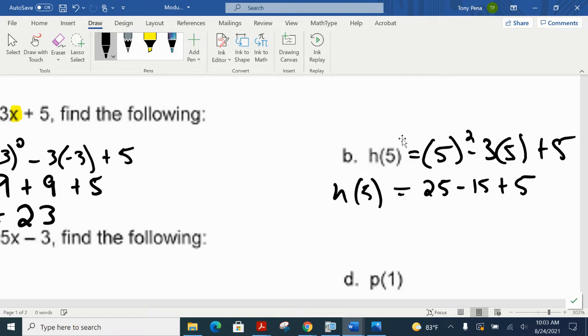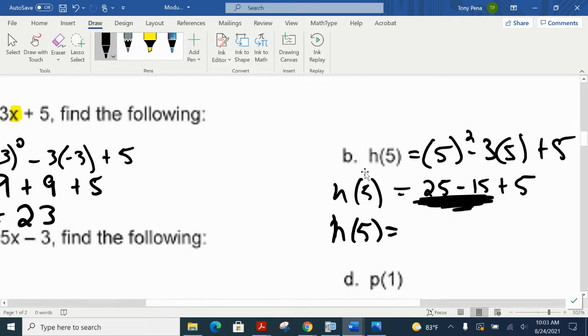Negative 15. And then we tack on that 5. There we go. All right, 25 minus 15, Woodley. What is it? Did you say 10? Yeah. Okay, 10, and then an additional 5 is 15. All right.